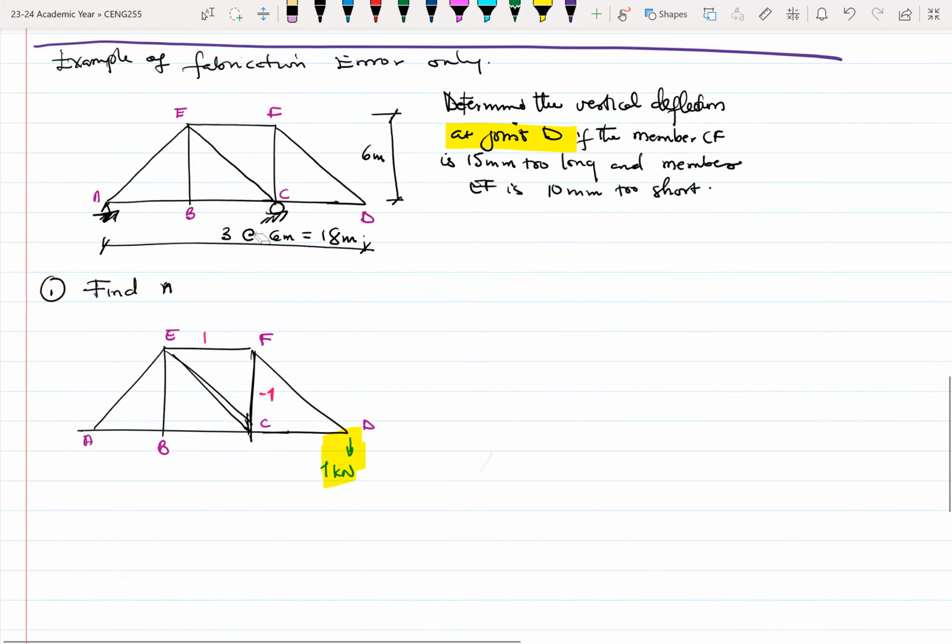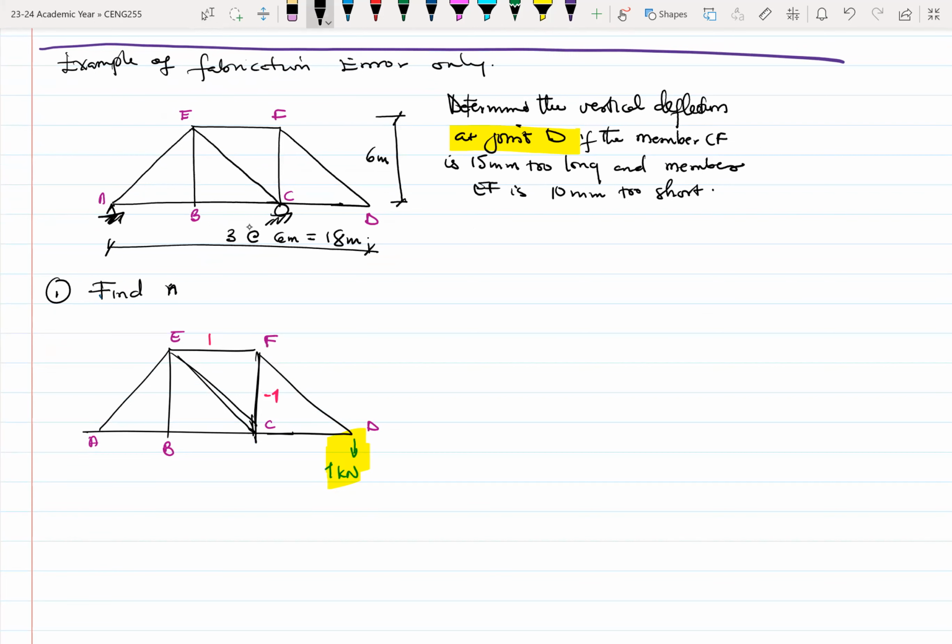So this is what we have. We have our supports right here. So our supports are, let me just redraw this. All right. So we place a unit load, or so just place 1 kilonewton load at D. All right. And since we are looking for vertical deflections, it means that the unit load has to be vertical.